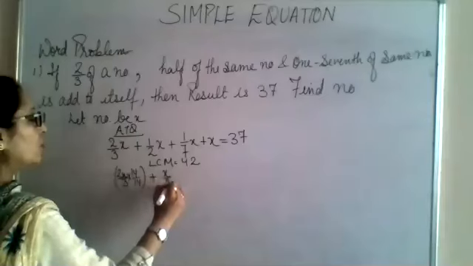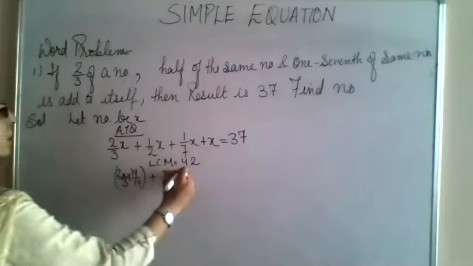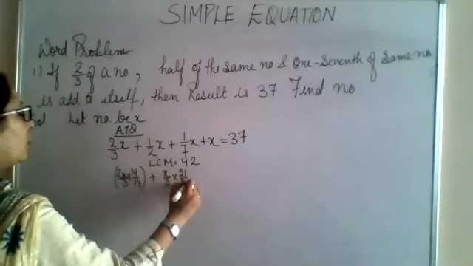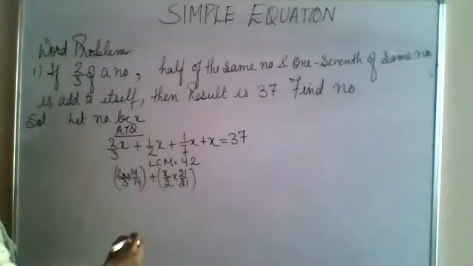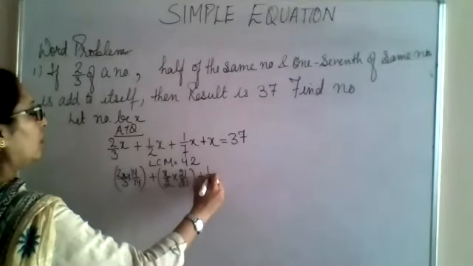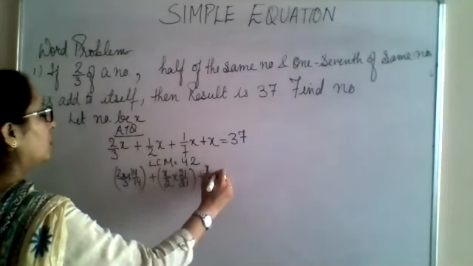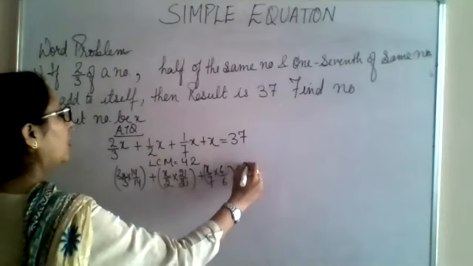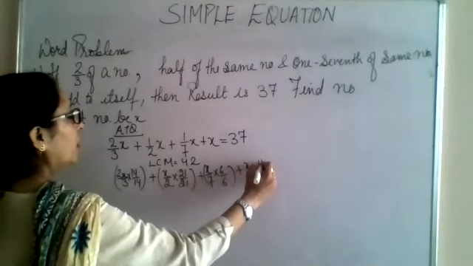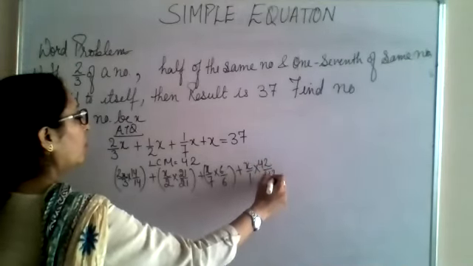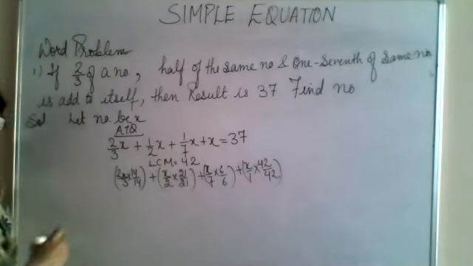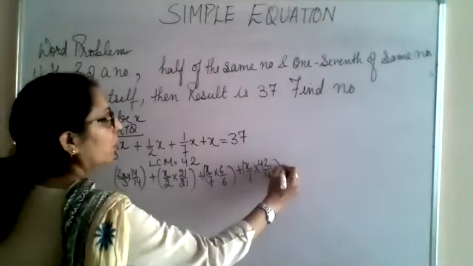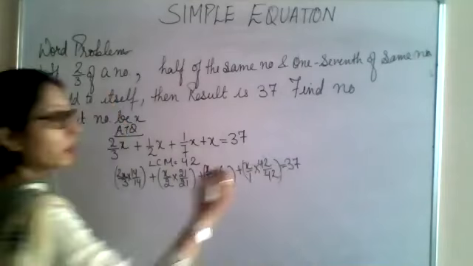Similarly, x upon 2 multiply by 21 upon 21. Then 1 upon 7 or x upon 7 multiply by 6 upon 6 plus x multiply by 42 upon 42. When you will add all, 37 will come.